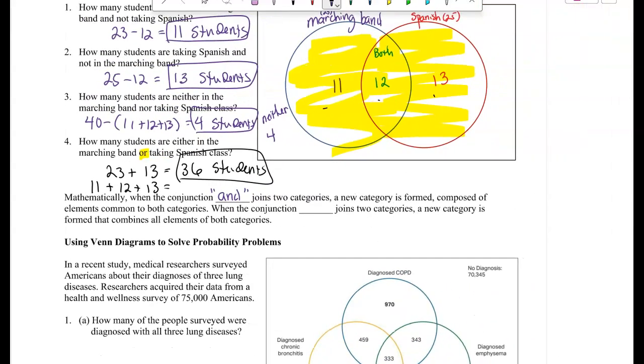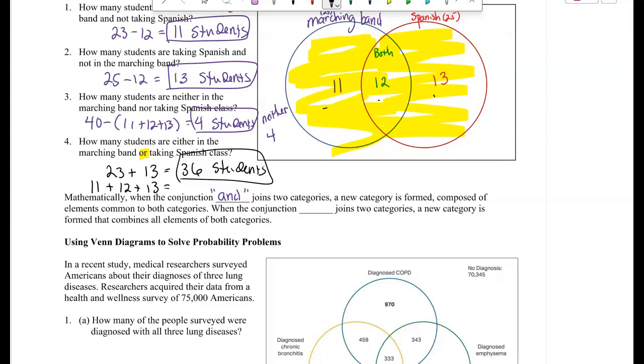Yeah, it's actually the both. Because if I'm in marching band and Spanish, what do I have? How many students? 12. So you see, I'm not just marching band. I'm not just Spanish. I'm what? Both. I call it the football shape.